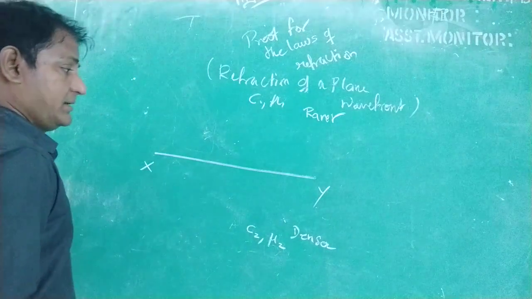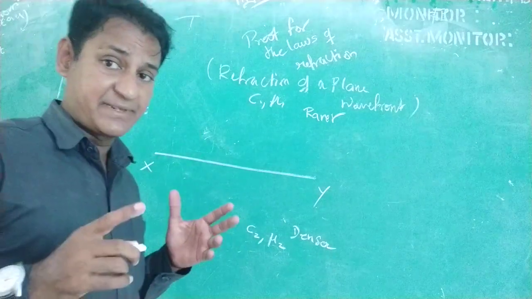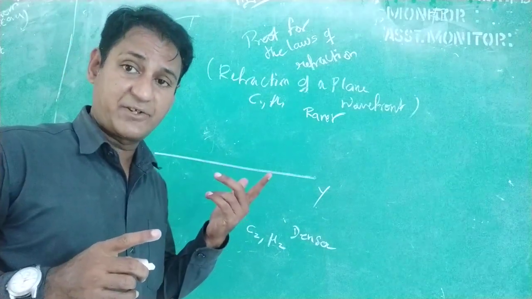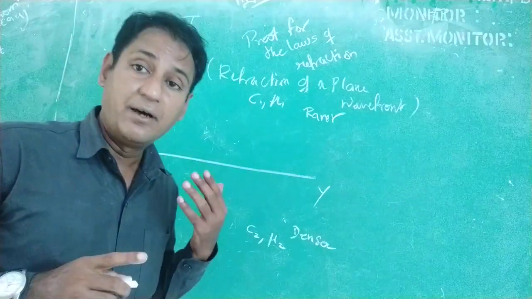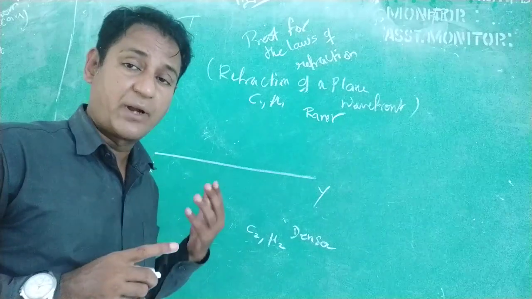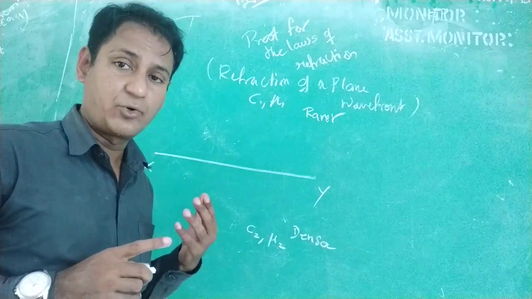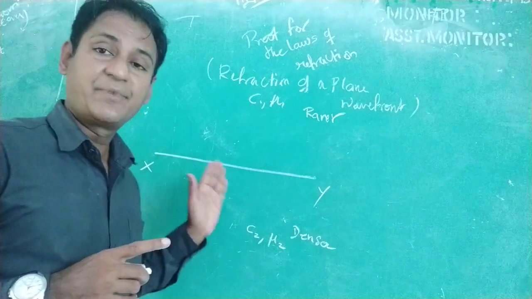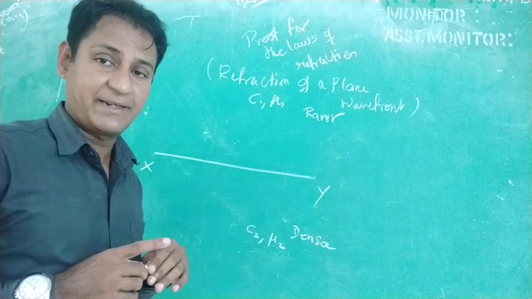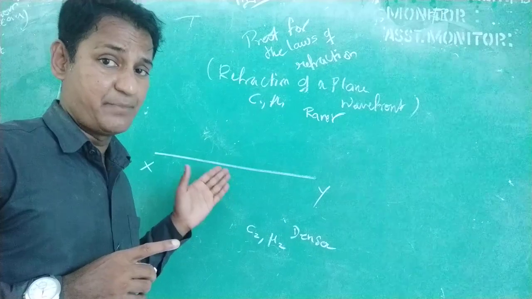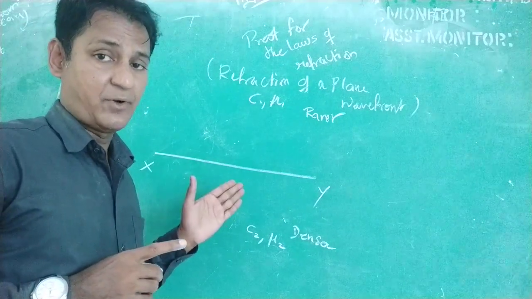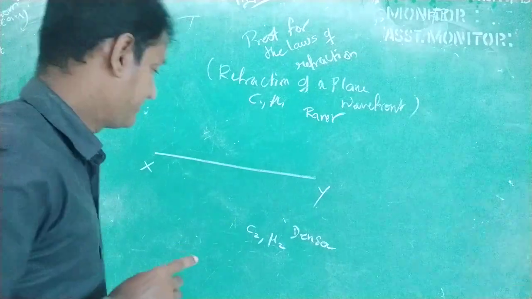Now, as we said already in our reflection of a plane wavefront video, two light rays from an infinite source are going to be incident on this refracting surface. This is a surface which separates two media. It may be the water surface or any transparent glass medium.